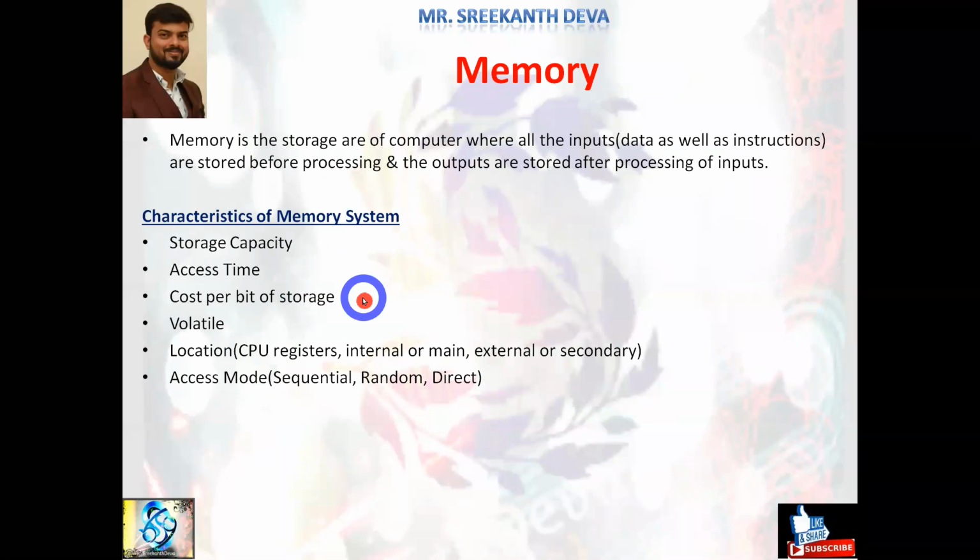Next, cost per bit of storage. It refers to the cost of a storage unit for a given storage capacity. The primary storage units have higher cost per bit as compared to secondary storage.